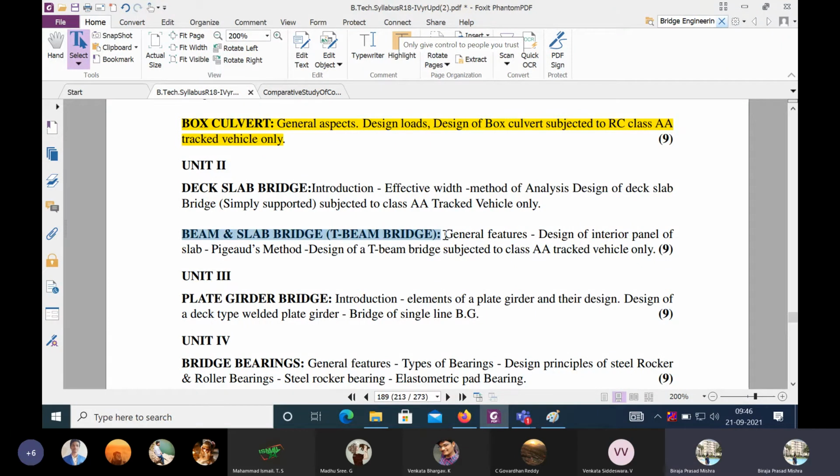Here again we will discuss the general features, the design of the interior panel of the slab using Pigeaud's method, and the design of a T-beam bridge subjected to IRC Class AA tracked vehicle only.